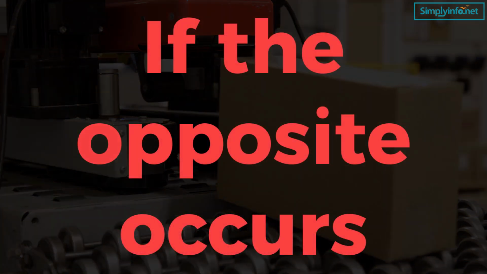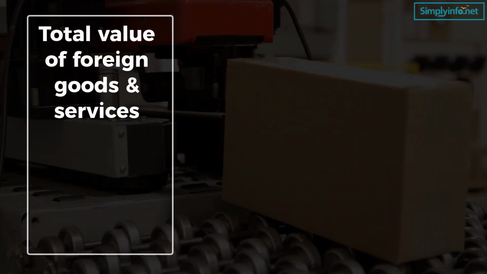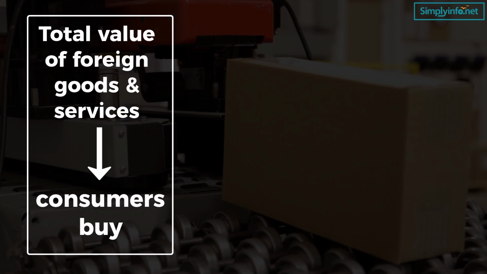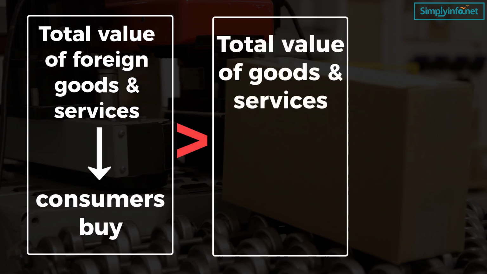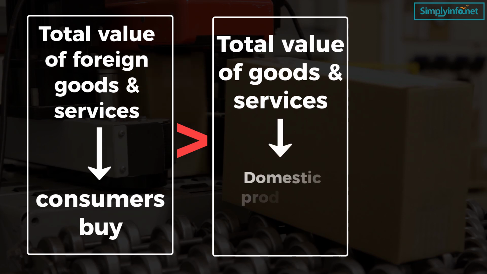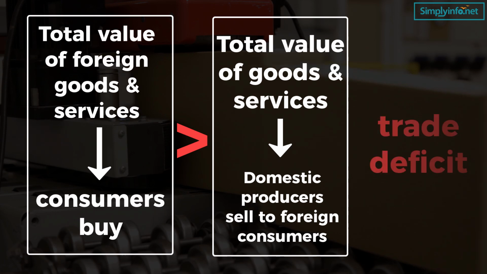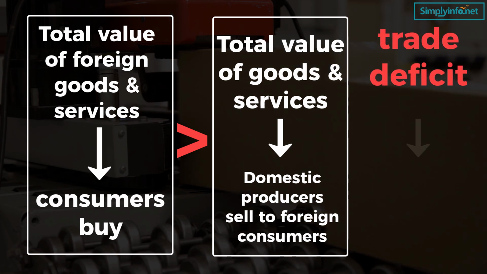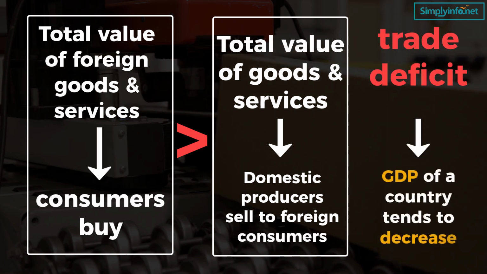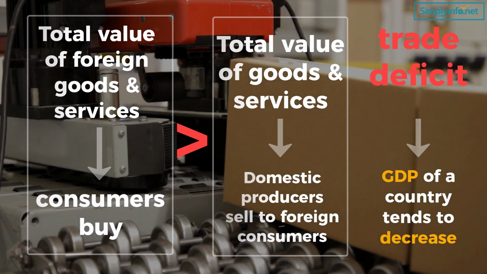If the opposite occurs, that is, when the total value of foreign goods and services that consumers buy exceeds the total value of goods and services that domestic producers sell to foreign consumers, it is called a trade deficit. In this situation, the GDP of a country tends to decrease.